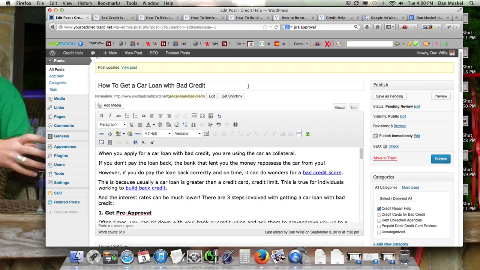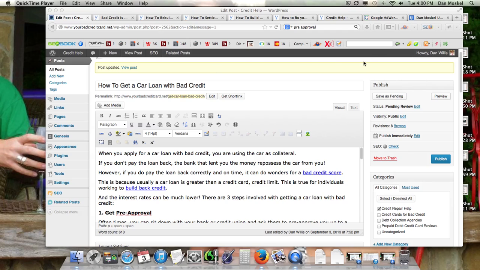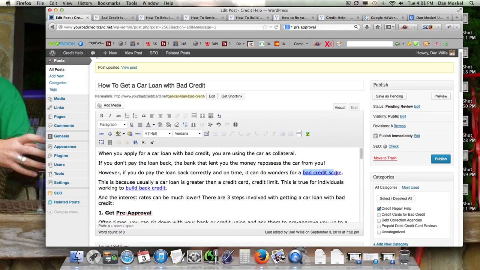Our new page we're adding is how to get a car loan with bad credit. The idea is we want to rank this new page for when people search how to get a car loan with bad credit. With that said, this would be an example of internal linking.